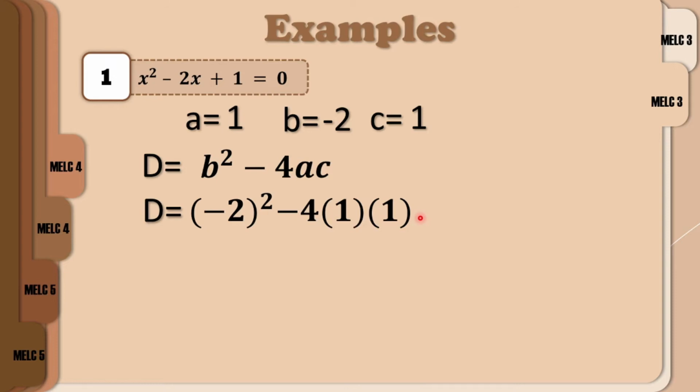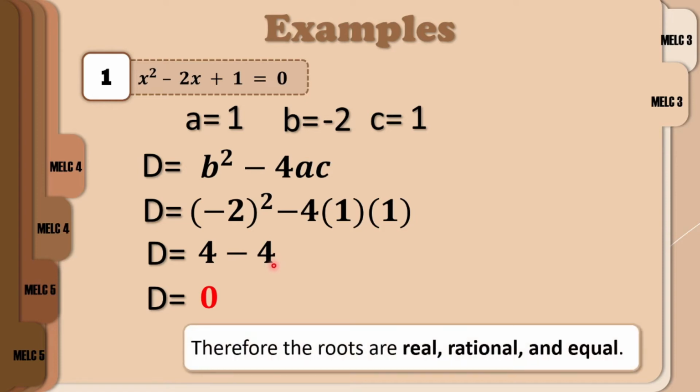By simplifying this equation, we will get 4. So, negative 2 squared is 4 minus 4 times 1 times 1, that is minus 4. So, by solving this, 4 minus 4 is our discriminant will result to 0. So, pag sinabing equal siya sa 0, therefore, the roots are real, rational, and equal.